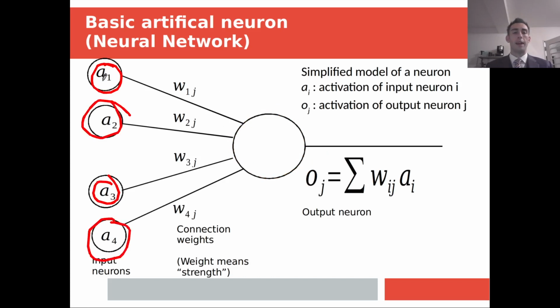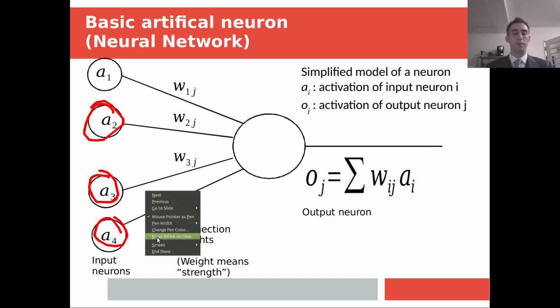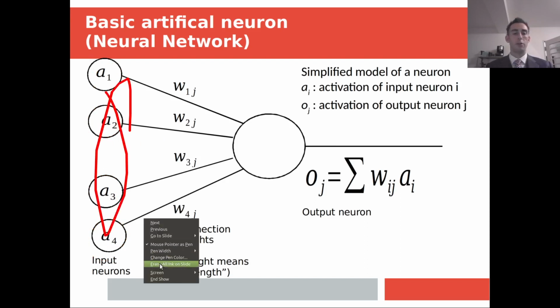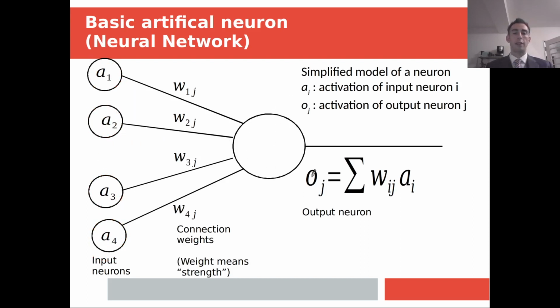We'll call them A1, the activation of neuron 1, the activation, the response, how much it's excited. Activation of neuron 2, activation of neuron 3, activation of neuron 4. We'll call these input neurons because they're inputting to output neuron OJ. They're connected with a certain weight, a certain strength of a connection.